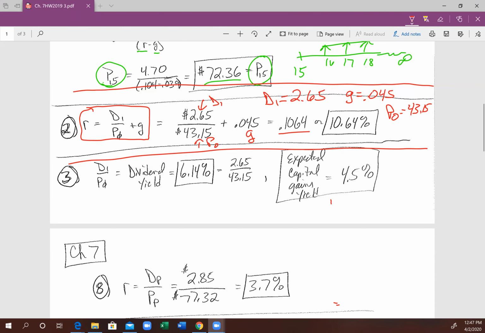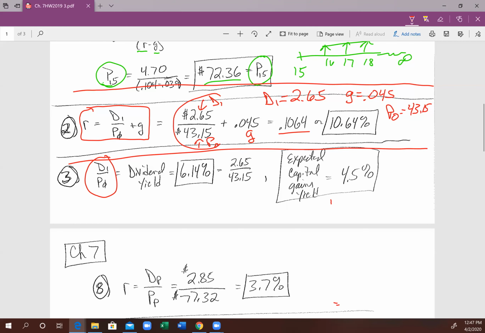All right. Now, if you look at problem 3, it's just an extension of problem 2. It said for the company in the previous problem, what's the dividend yield? Well, the expected dividend yield is just the expected dividend relative to the price that you pay.